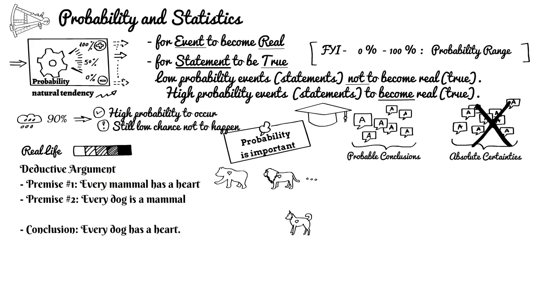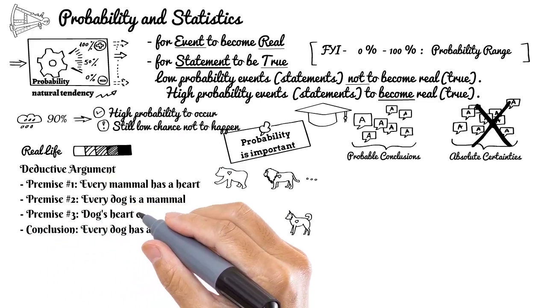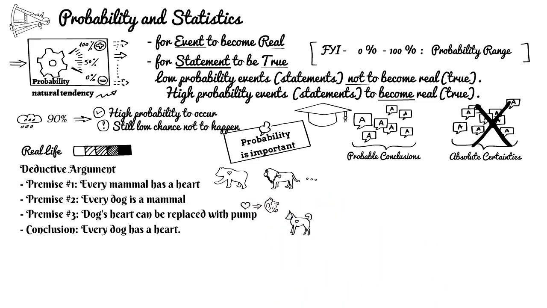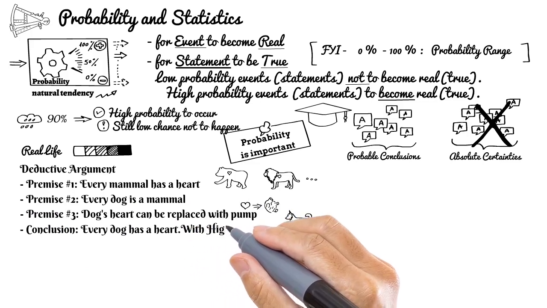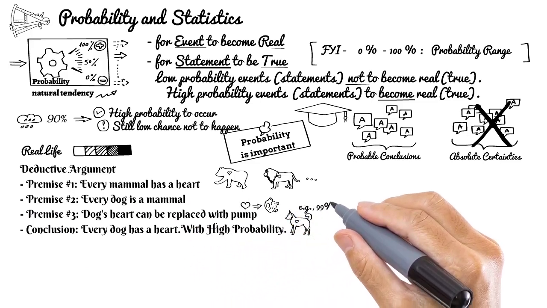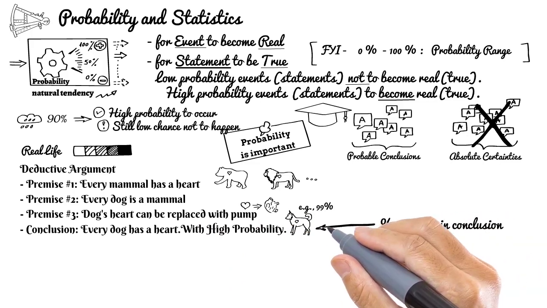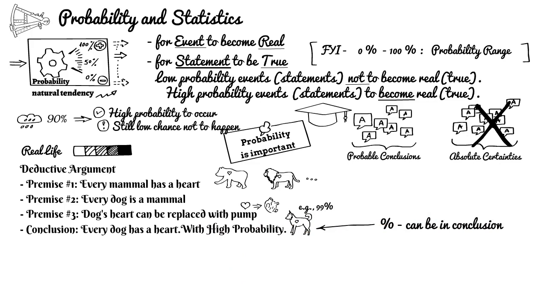For example, if you add a third premise into our deductive argument discussed earlier, that a veterinary clinic in your city can replace a dog's heart with a mechanical pump, there is a chance to have a dog with a mechanical pump instead of a heart. As a result, certainty in our conclusion disappears. There will be no certainty in our prior conclusion. In other words, we would have less than 100% probability for all dogs in our city to have hearts.